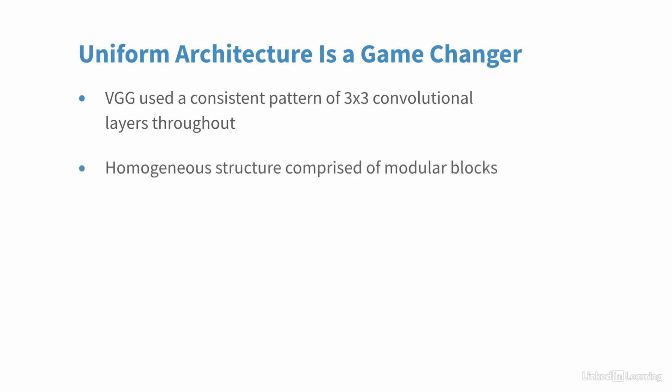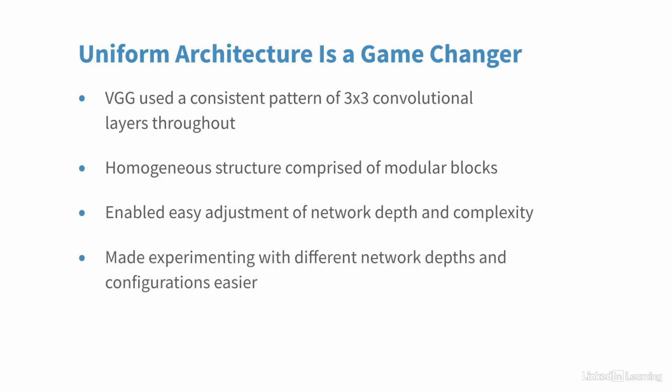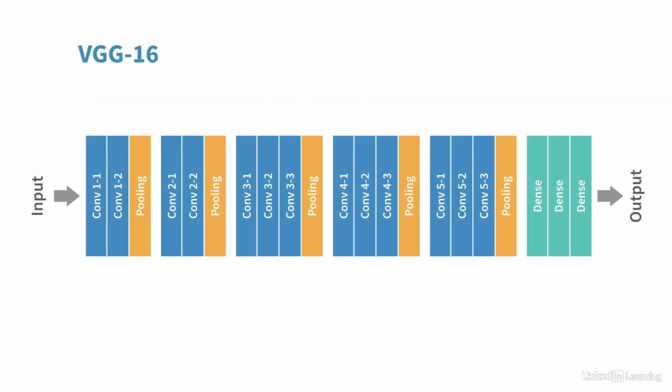This homogeneous structure can be seen as a series of modular blocks, making it easy to adjust the depth and complexity of the network by simply repeating or removing these blocks. This structure allows researchers to treat the convolutional blocks as interchangeable components, making it easier to experiment with different network depths and configurations. Here's a breakdown of the VGG16 architecture layer by layer.